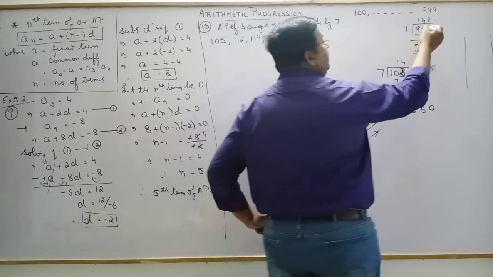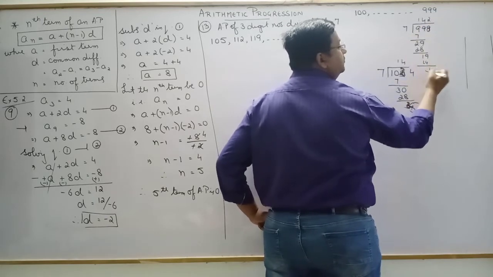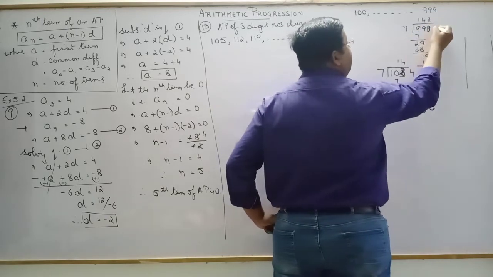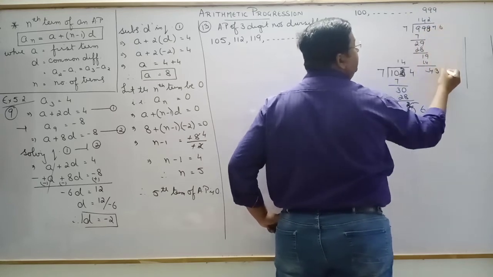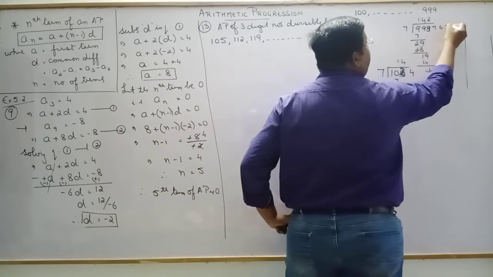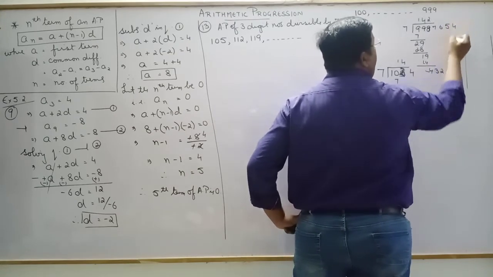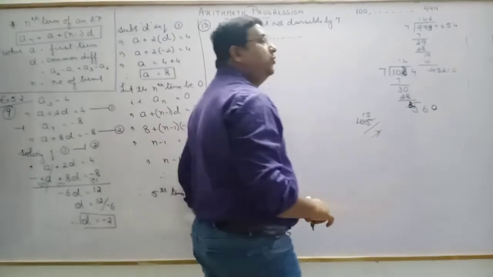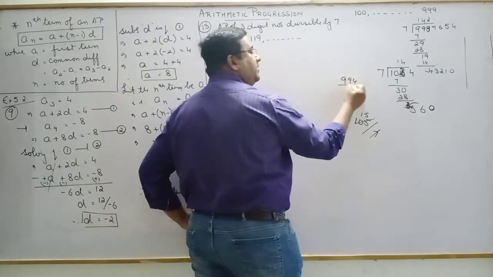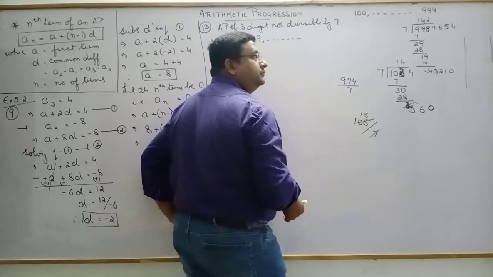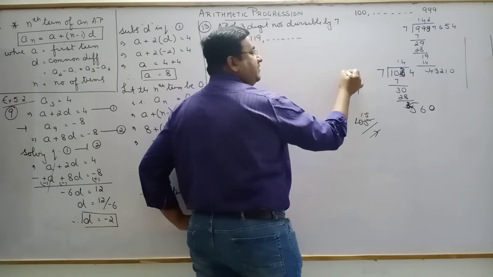Yes. Now if I decrease to 998, remainder will become 4. Agreed with me? 997, remainder will become 3. 996, remainder will become 2. 995, remainder will become 1. And 994, remainder should become 0. So let us try 994 divided by 7. 7 ones are 7. 7 ones are 7.